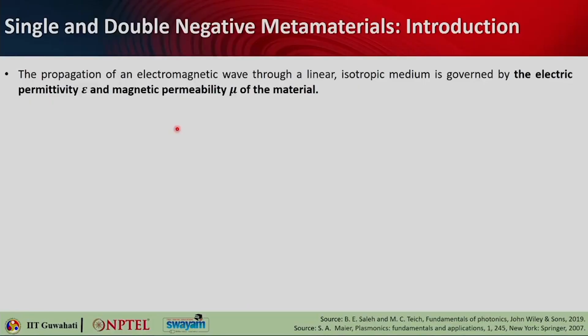And why are we bothered about permittivity and permeability? The reason is that the propagation of any electromagnetic wave through a linear isotropic medium is governed by these two parameters, which are the electric permittivity epsilon and the magnetic permeability mu of that material.